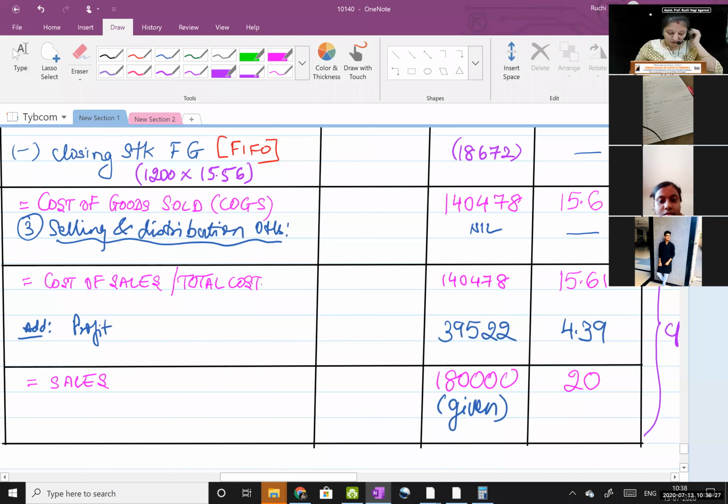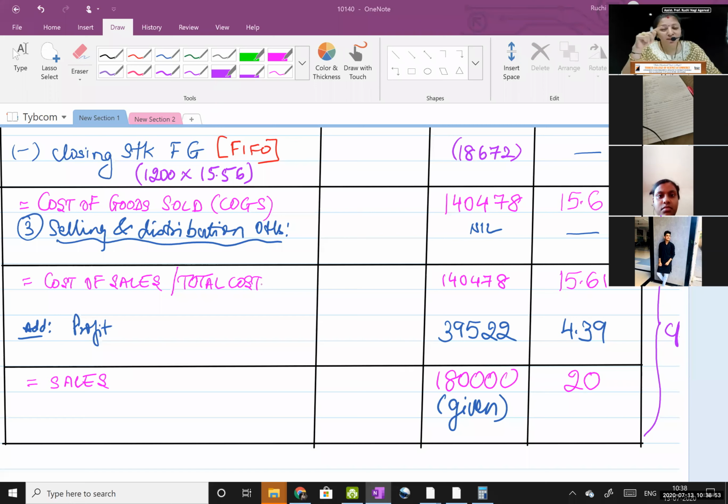So, what was the objective of cost accounting? Anyone can tell me the objectives of cost accounting, because I will relate it to this sum. Why do we learn this subject?